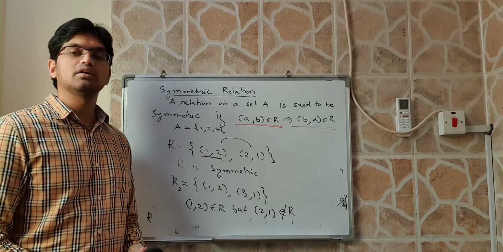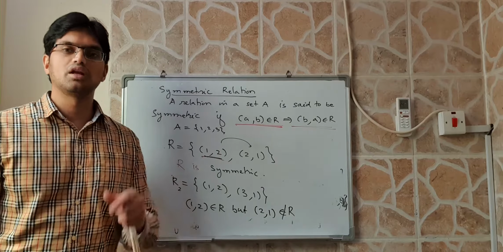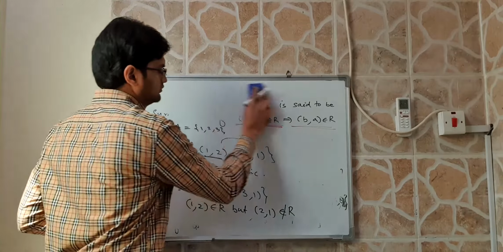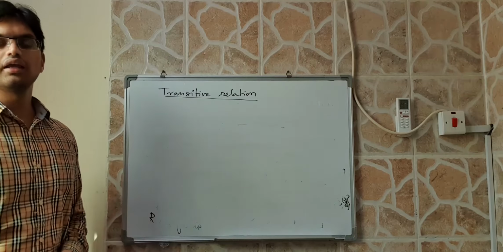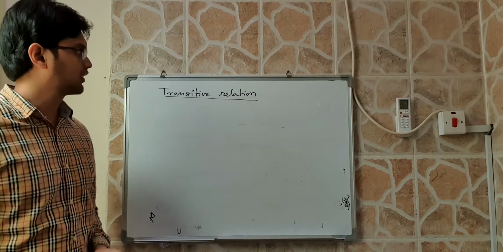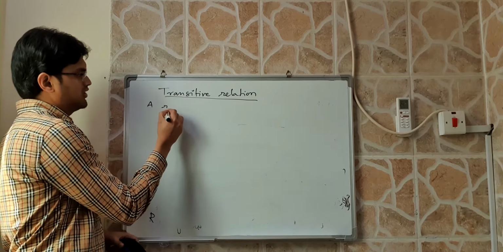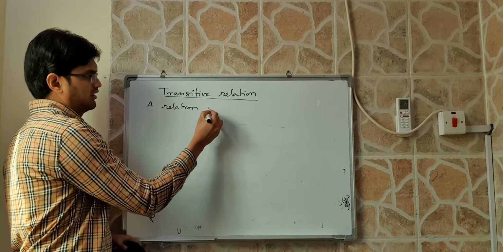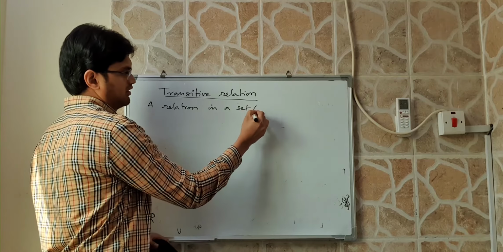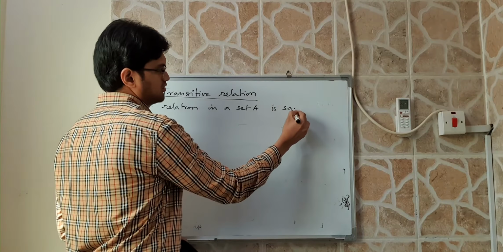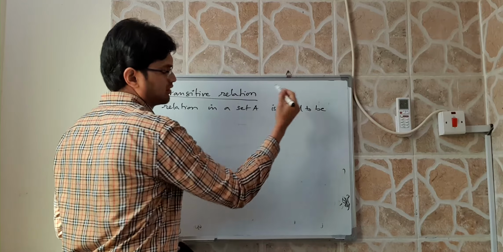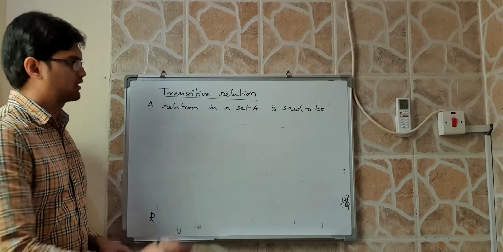Now the next one, let me explain the transitive relation. Again, let me write the definition. A relation in a set A is said to be transitive.